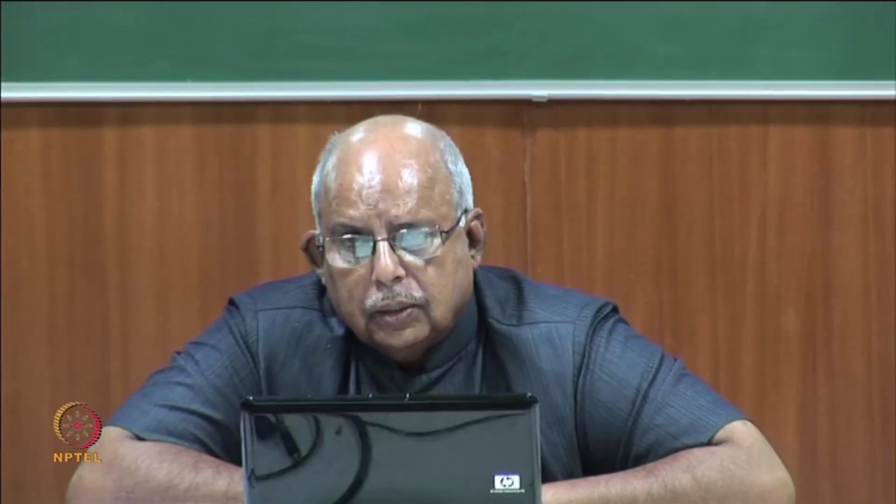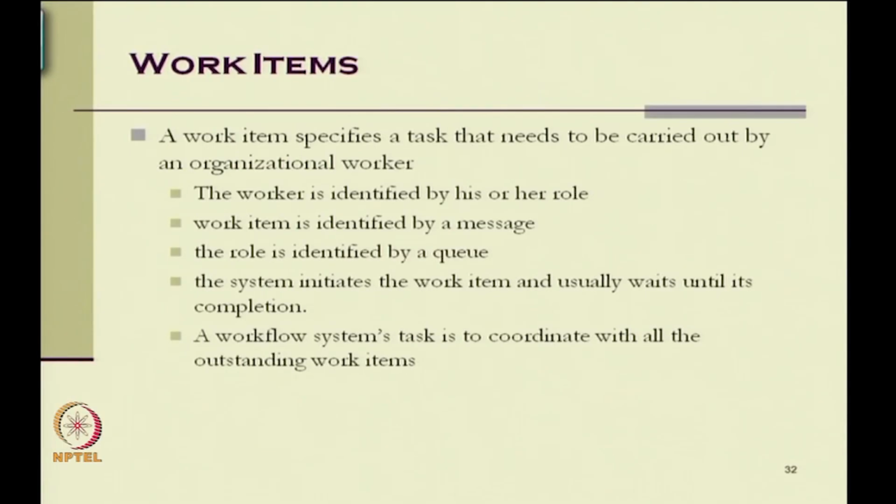It was a logical extension of the scientific method of management which Frederick Taylor had talked about. And in business process reengineering, efficiencies were ranked very high, and the assumption very often used to be that if you have efficiencies, effectiveness will follow.